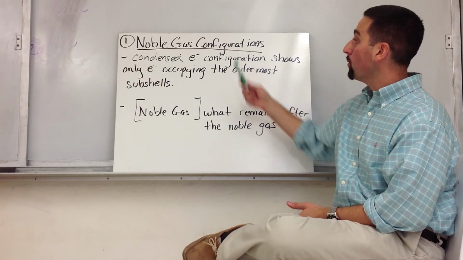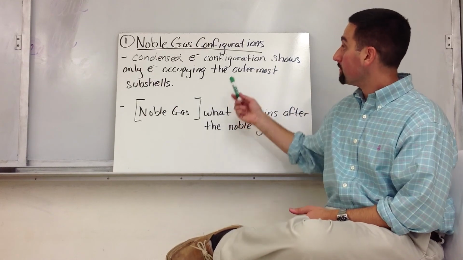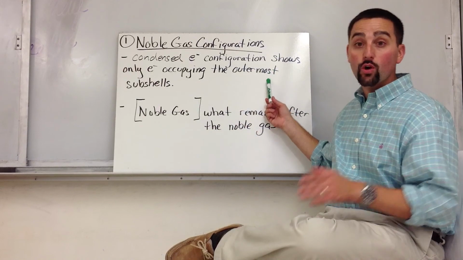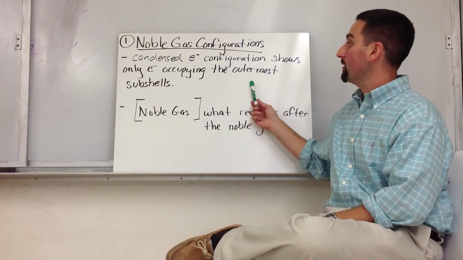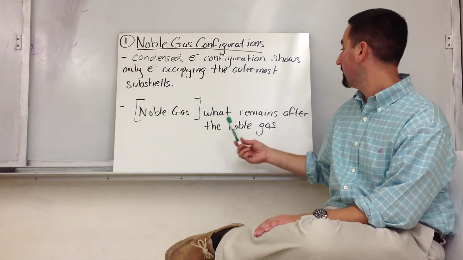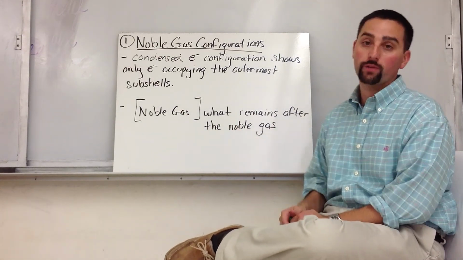So, a noble gas configuration. It's a condensed electron configuration that shows only the outermost subshells: the noble gas, and what remains after the noble gas.